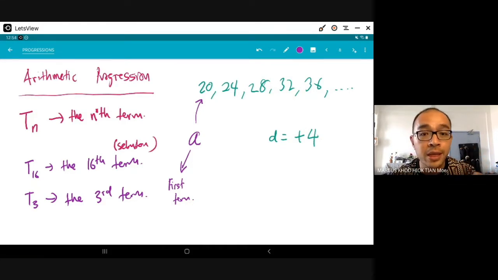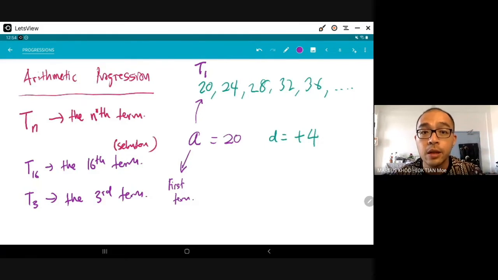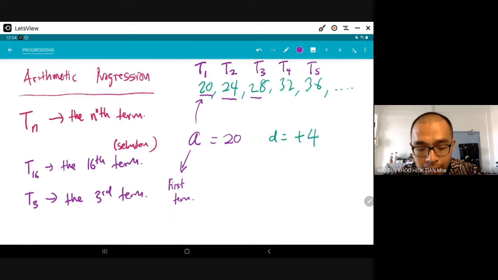Sofia's first term was 7, but doesn't matter. In this case, A is 20. Notice that 20 is also T1, 24 is T2, 28 is T3, T4, T5. That's what I mean: first term, second term, third term, fourth term, fifth term.